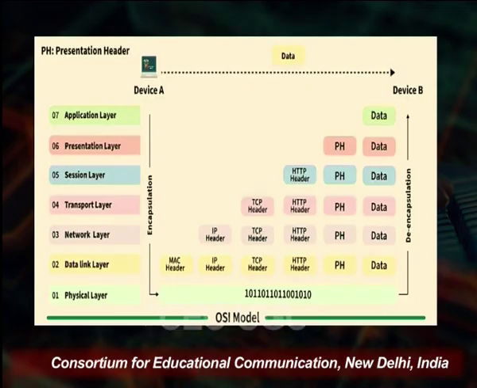So, in this way, encapsulation on the sender side and decapsulation on the receiver side take place. If we sum up this lecture, we have looked into the top 5 layers of the ISO OSI reference model.